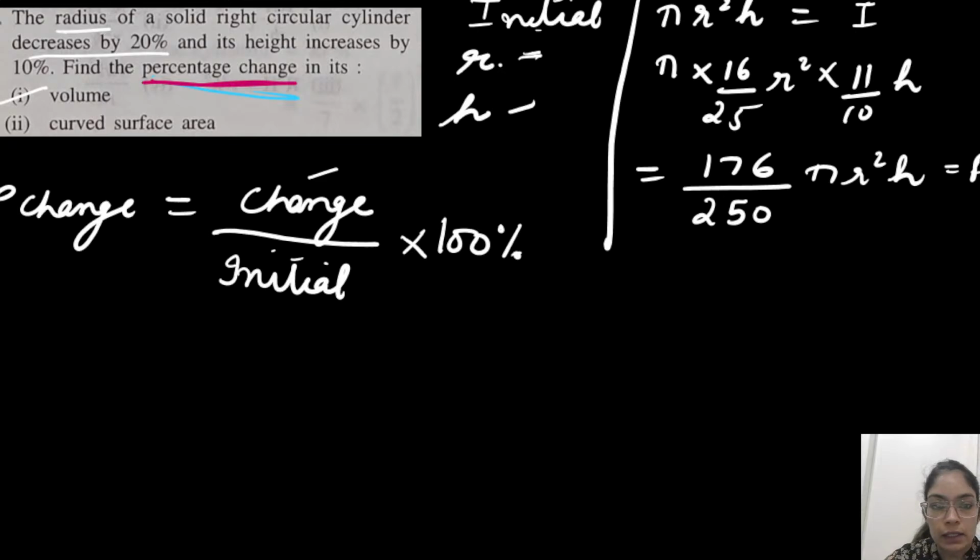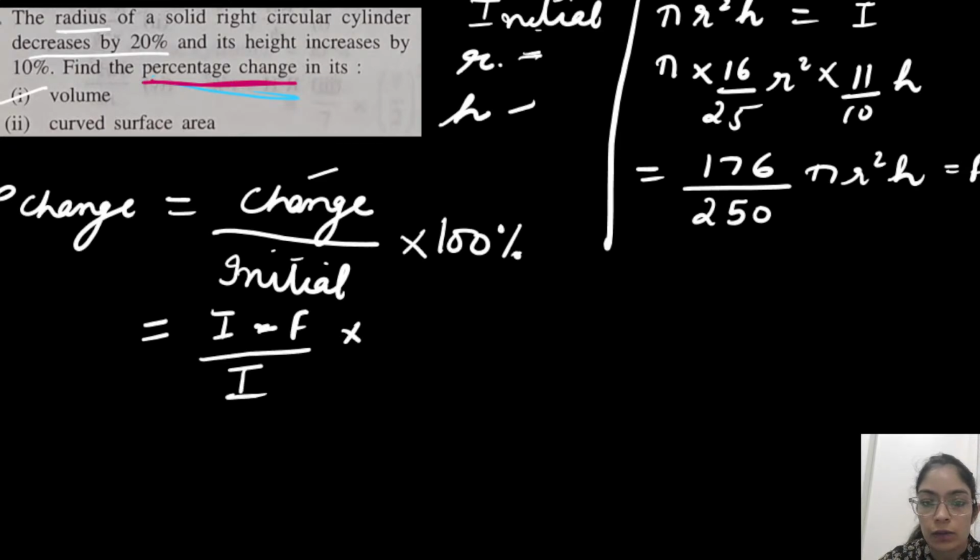So initial minus final we will do whenever we are finding the change. So we will do initial minus final by initial into 100, because we should not get the answer negative.